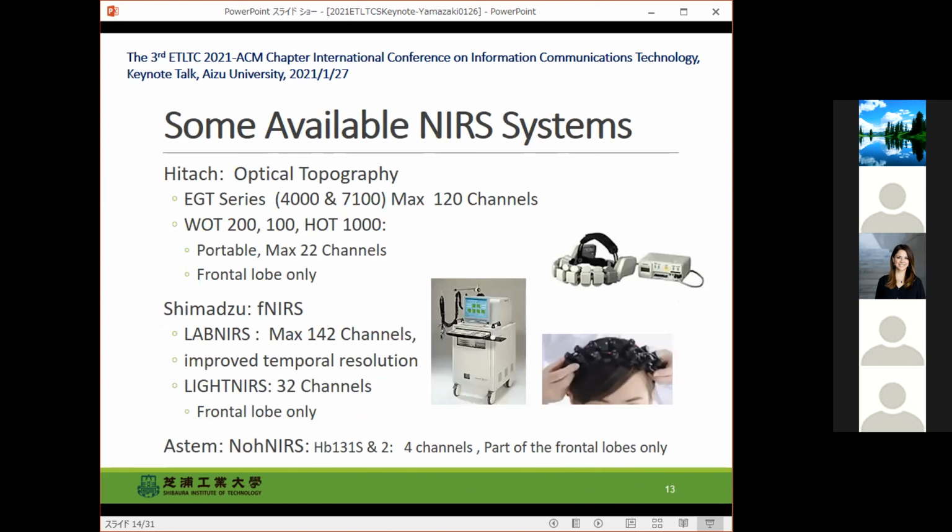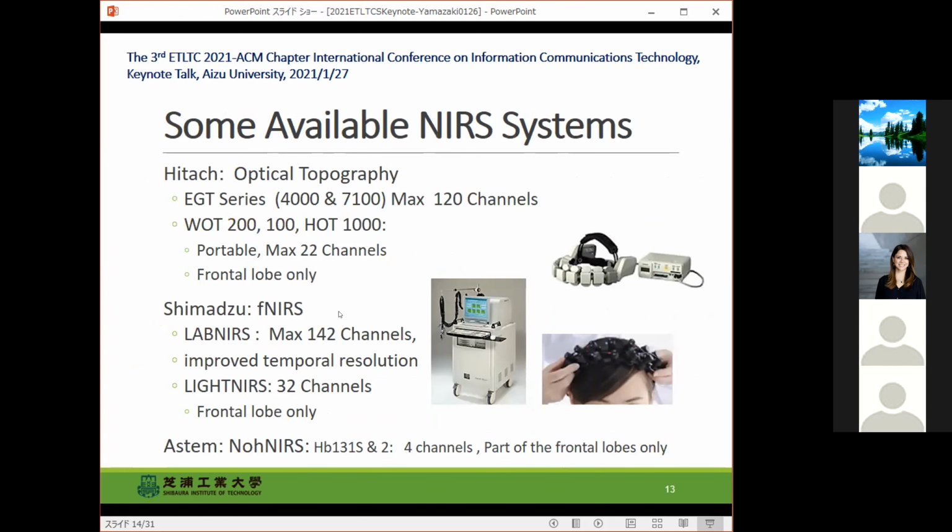Let me show you more handy, available NIRS systems. This one is also produced by Hitachi, and it's called WOT-200. It has 16 to 23 channels, and this measures only the frontal area of the brain.